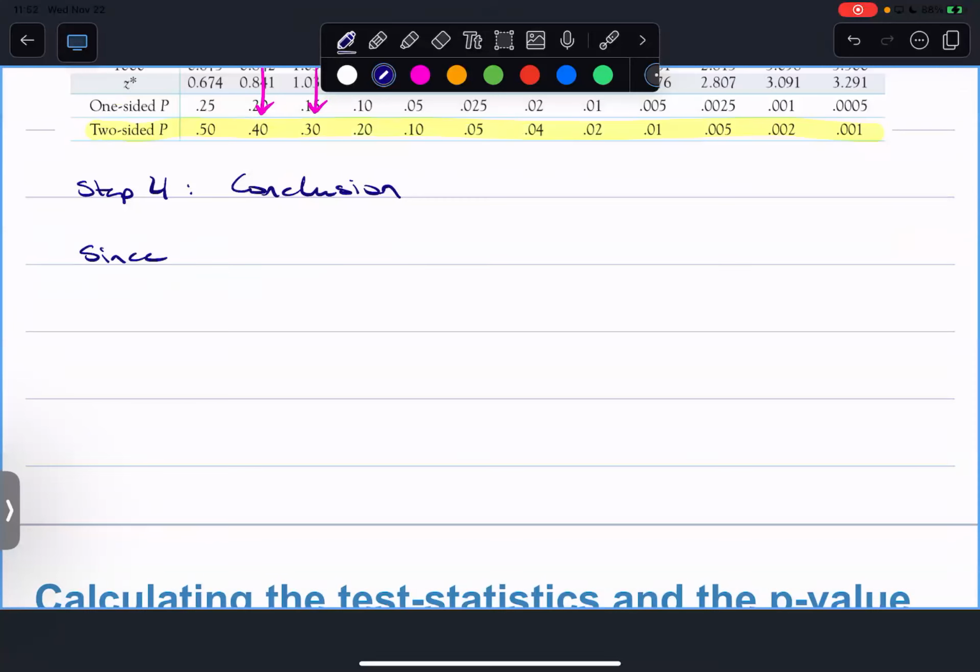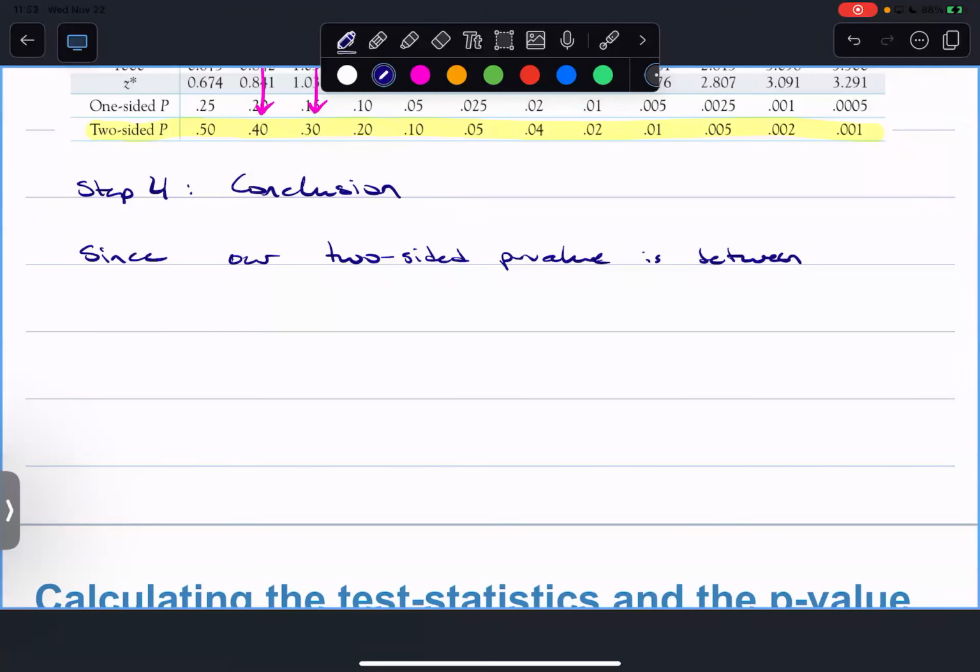So since our two-sided p-value, I have to think about it. The p-value is between, so notice it feels weird initially when we have a range for our p-value, but we can still draw our conclusion. This entire range is above 0.05. In fact, it'll never cross 0.05. So it's either going to be below 0.05 or above 0.05.